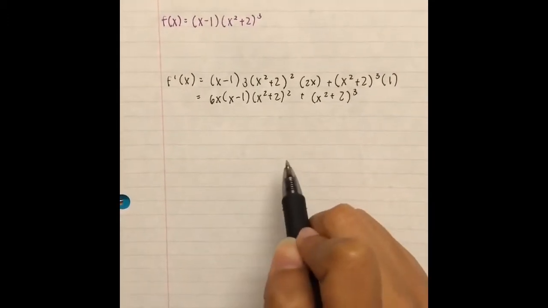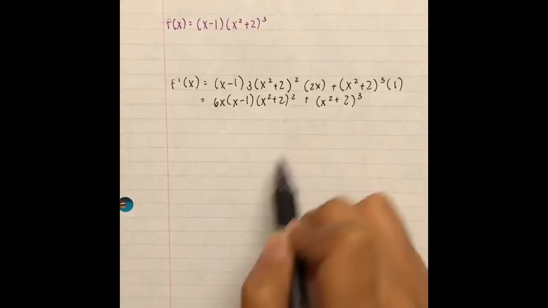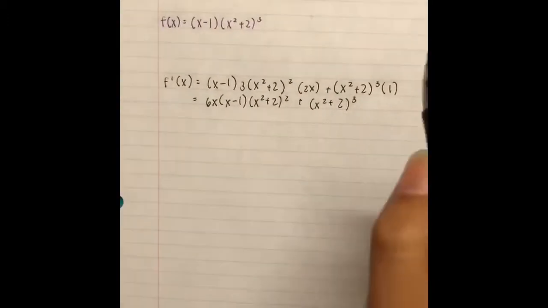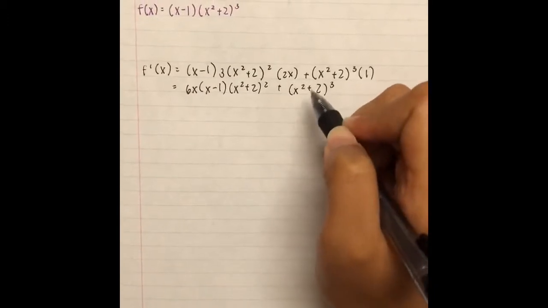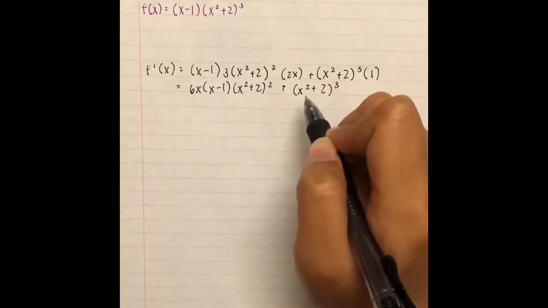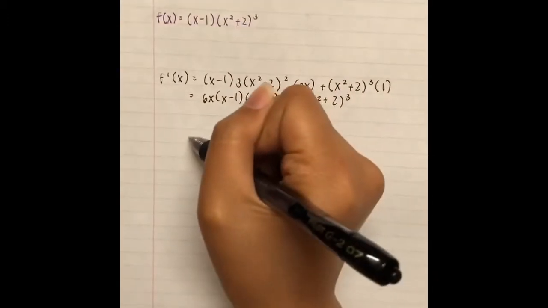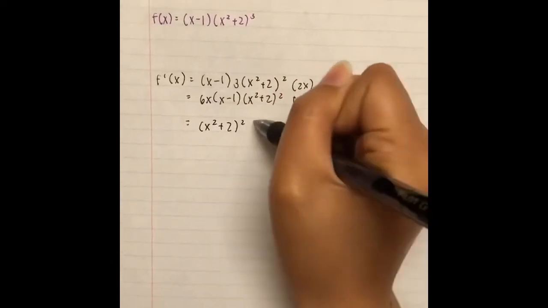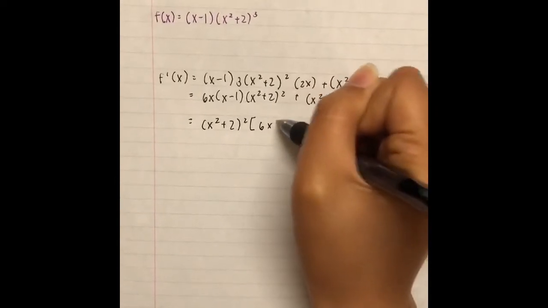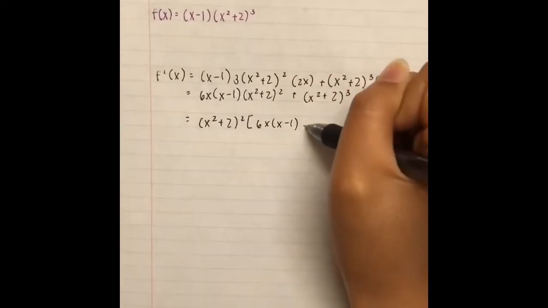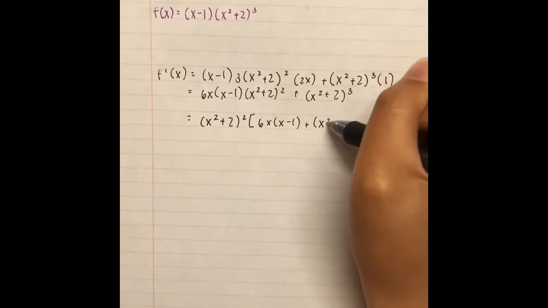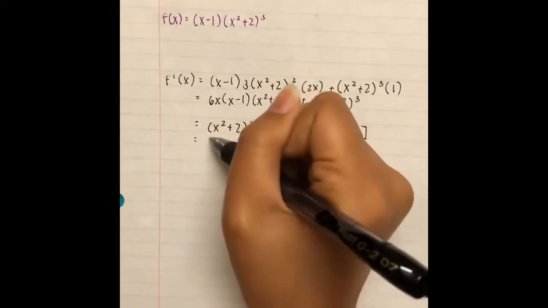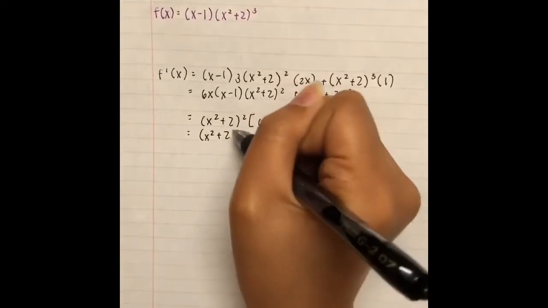And if you look at the answer choices, this isn't the answer, but if you further condense it, it will be. So you can see that these two have a common factor, and so you take that out. This leaves x squared plus 2 cubed as x squared plus 2, and you just simplify from there.